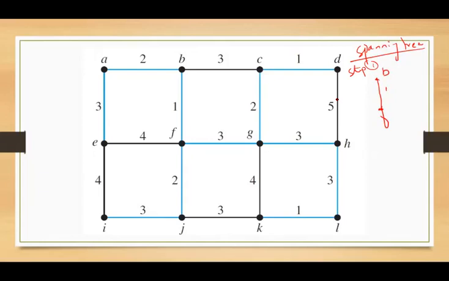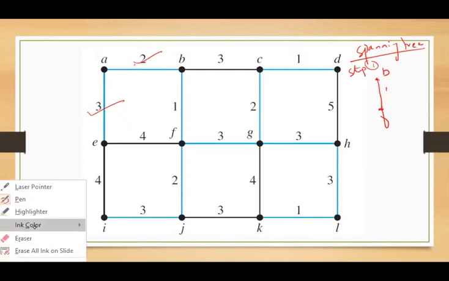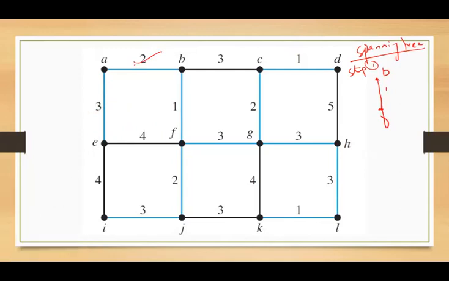Now BF, to which edges is it connected? It is connected to this AB. F is connected to this one, not this actually, sorry. F is connected to this one, then this one and this one.